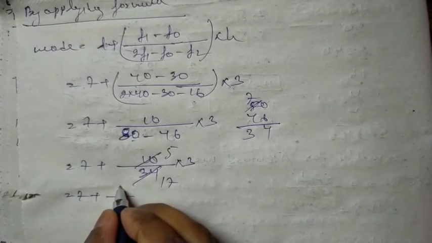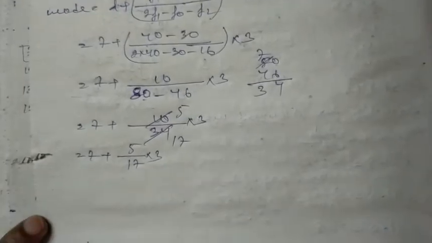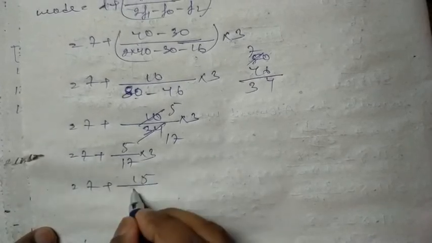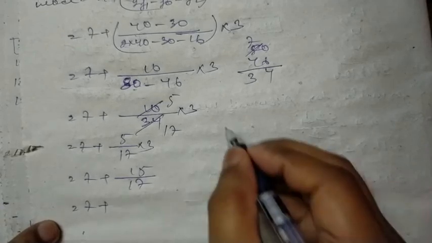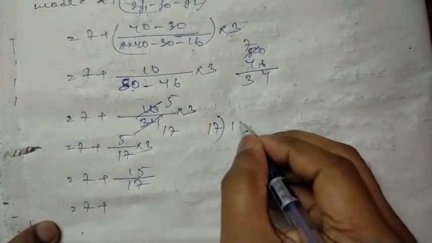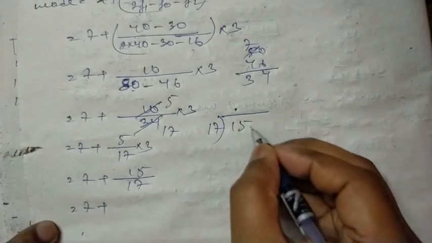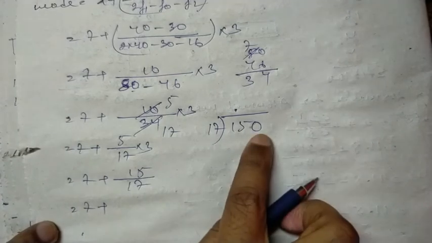Then 5 into 3 by 17. Then 7 plus, we can multiply 5 3s are 15 divided by 17. So 7 plus, if we divide 15 with 17, it's not possible, so 0. I have to give you a decimal, then again here 0.